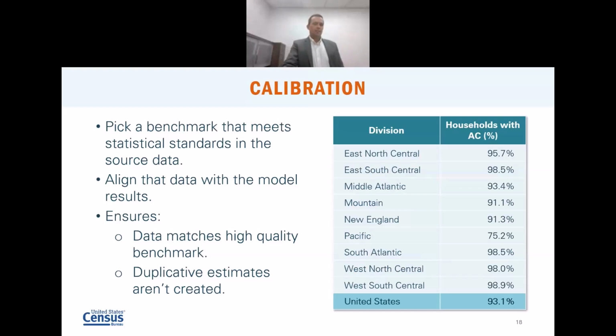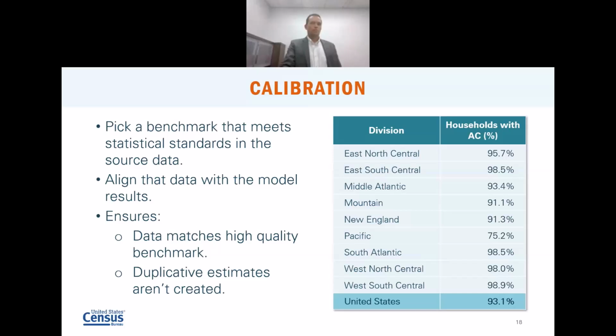The next step we utilize is a calibration step. We want to take all of those predicted values on the American Community Survey and make sure that they align with a benchmark that's trusted and that meets statistical standards.